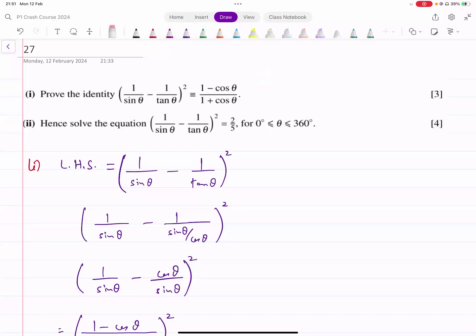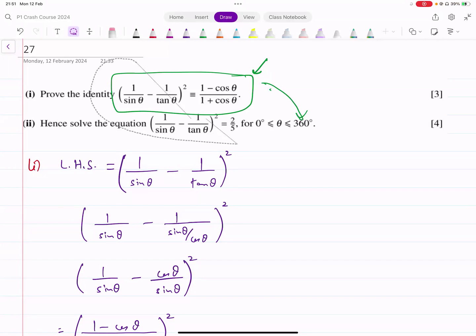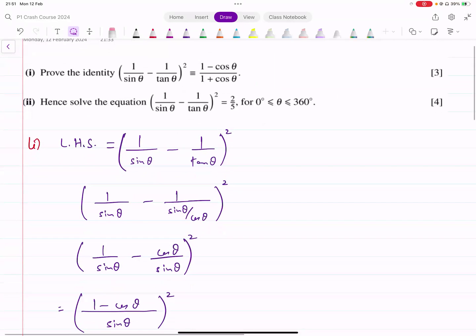You should not be leaving the whole question because of one difficult part. You already have the result from the first part. That's why they've given us a prove that or show that question. You can use that result for the second part. So always look at the next parts after a show or proof question. They're much easier in general.